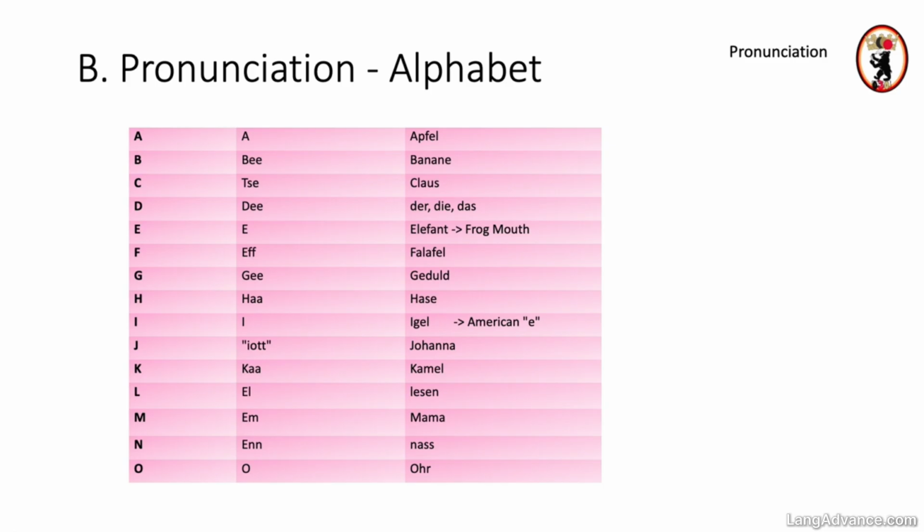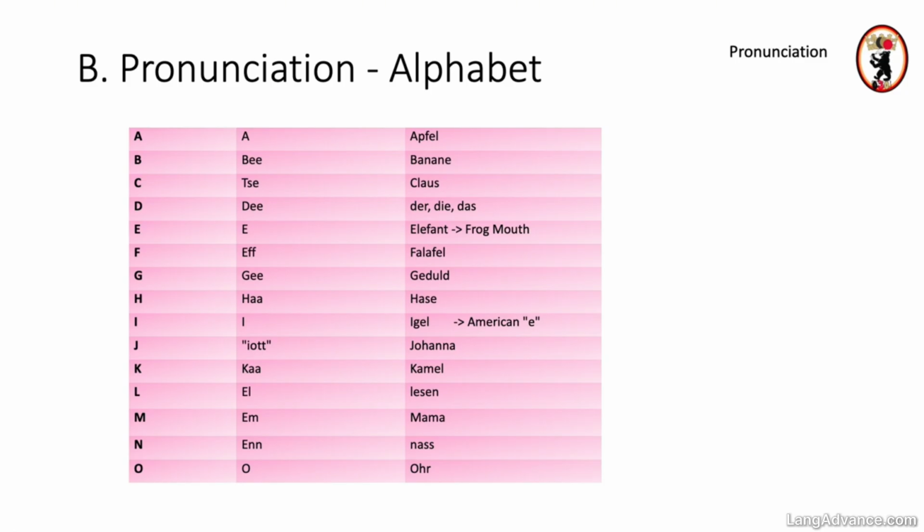E, elephant. And you see I wrote down frog mouth because you want to open your mouth wide like a frog. E. F, Falafel. G, Geduld, patience. You can tell I don't do a J sound. It is always going to be G.